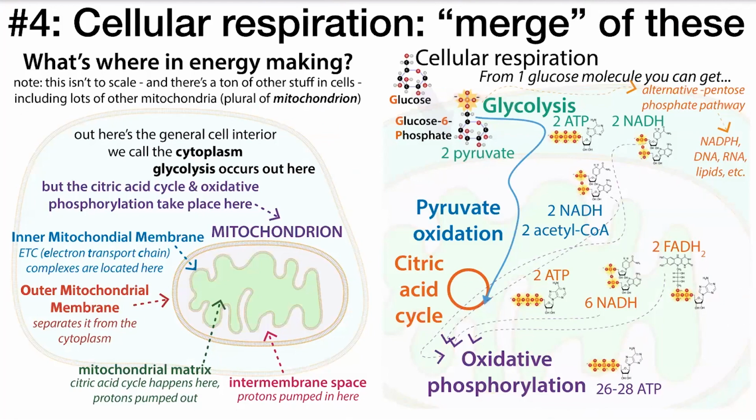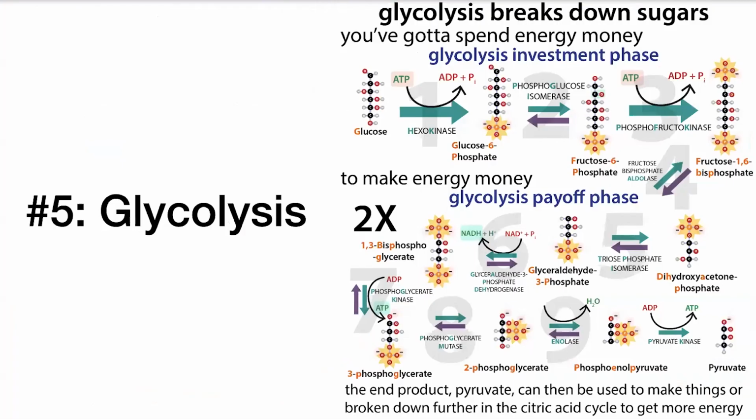Number 4, another one of these mergey ones. This one on cellular respiration, or how our cells take food sources and store the energy that was in them as ATP and other high energy molecules. Number 5, glycolysis. One of those key components of your cellular energy, making that starting pathway for a lot of different foods and sugars.